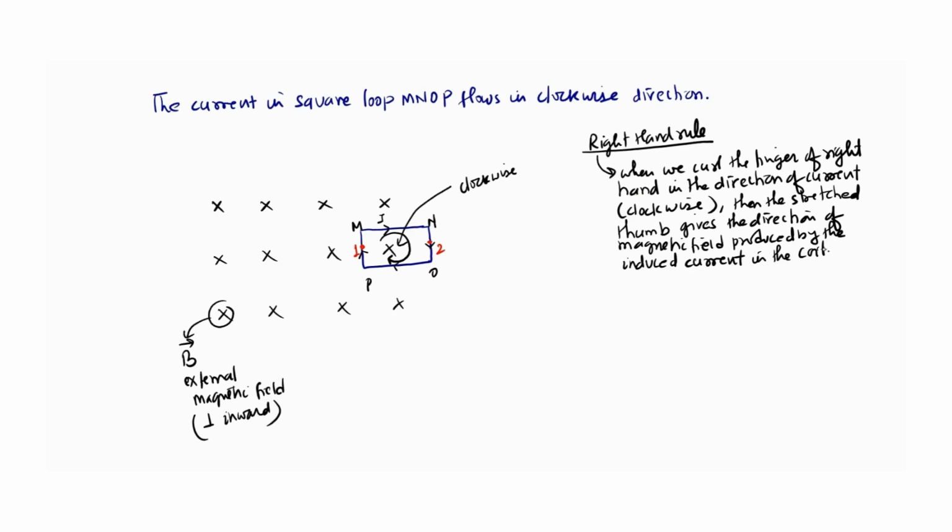We need to understand this. Clear? Next, we are asked to find how long the current in the loop will persist.